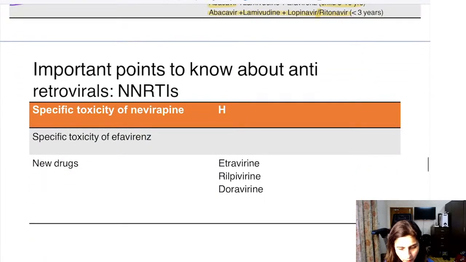Coming to the important point about the NNRTIs, अगर देखें specific toxicity of nevirapine. What is the specific toxicity of nevirapine? It can cause other toxicities also, but specific कोई toxicity है इसकी?